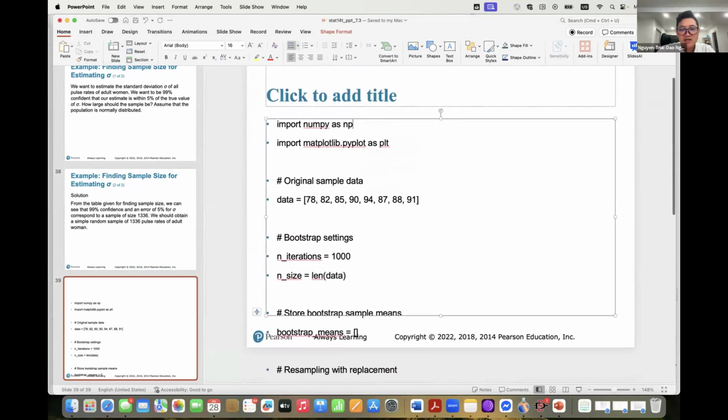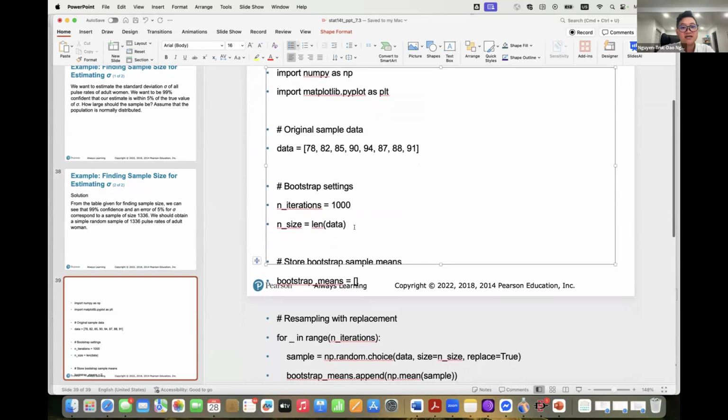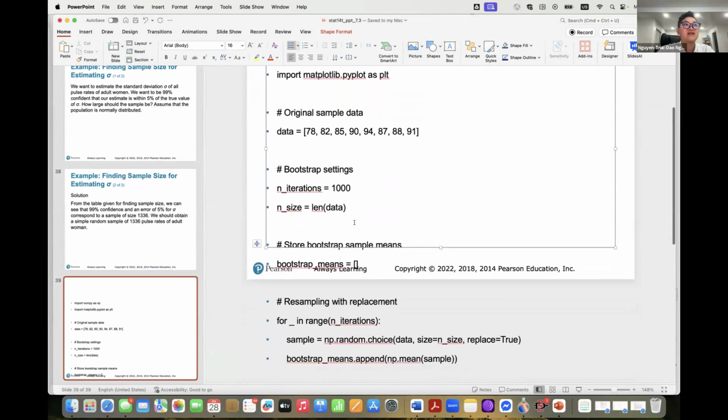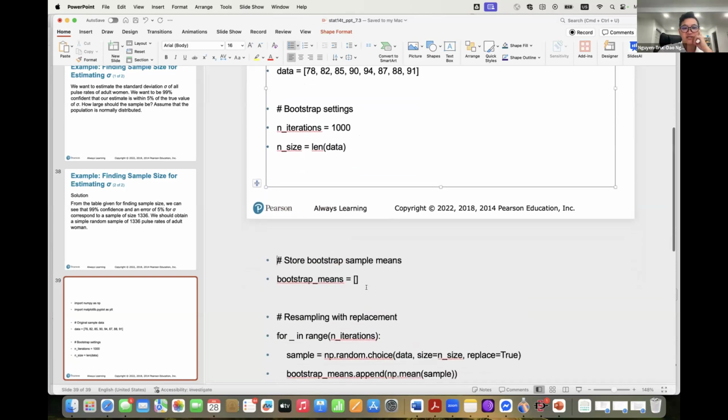If you use Python, you can import these two libraries, and then you use the original sample data, right? You can add the data here, and then for the bootstrapping settings, you can set n iterations to 1000. For n size, you can use the length of the data, and store the bootstrap sample mean here. Let me move it down so that you can see it clearly.